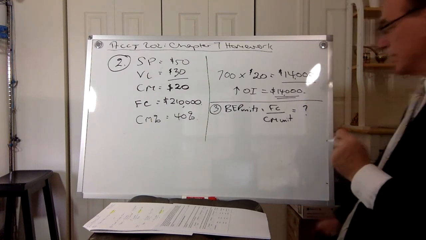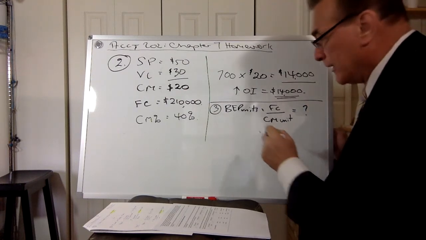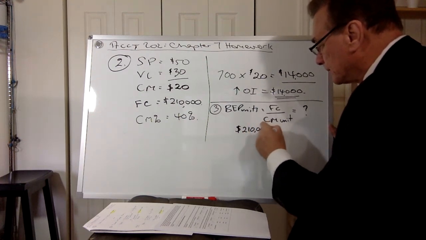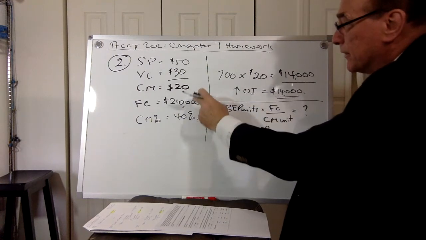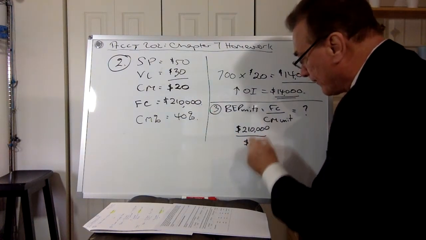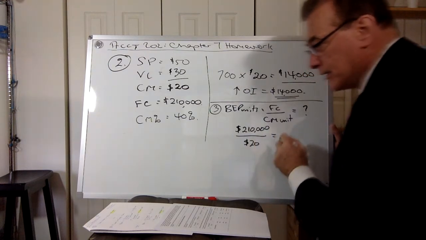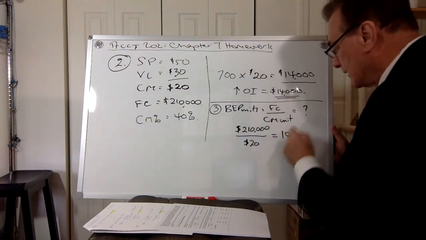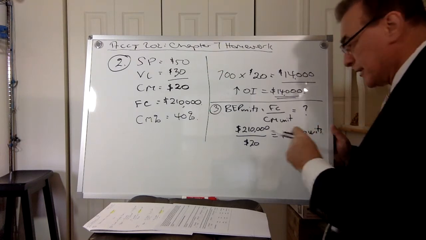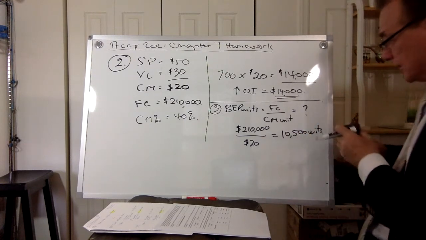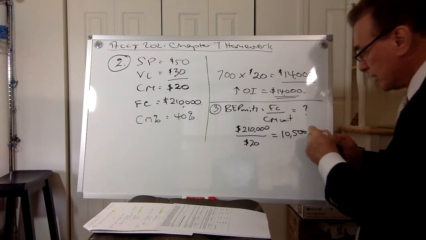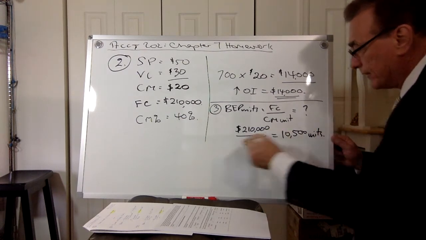So we put in the information, fixed cost 210,000, contribution margin per ticket $20, and we get 10,500 tickets. You might call them units or tickets, either way. It's 10,500 tickets to be sold for them to break even.